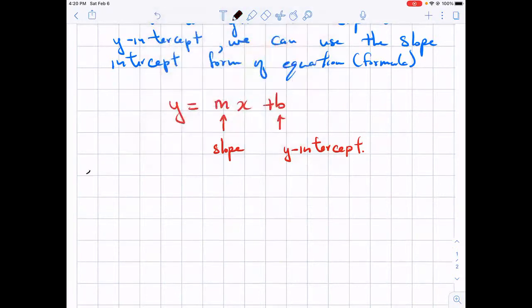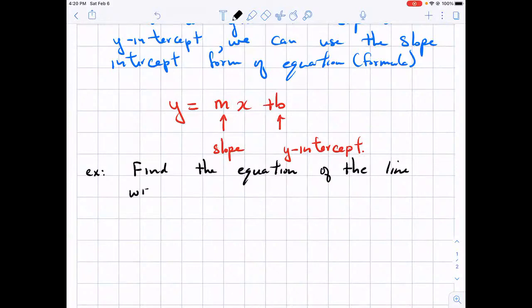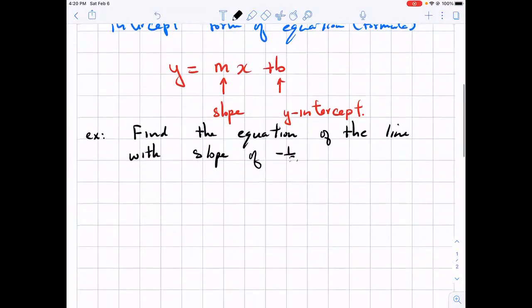As an example, suppose I say find the equation of the line with slope of minus 1/2 and y-intercept of 5.